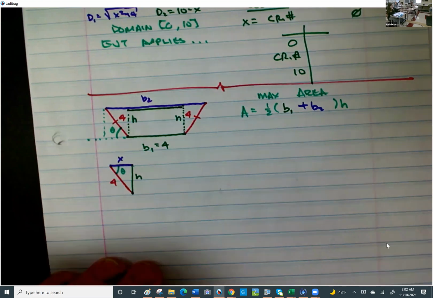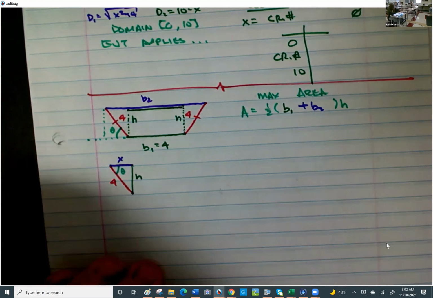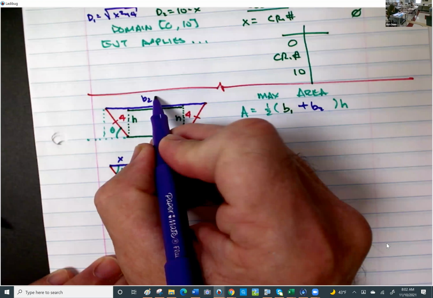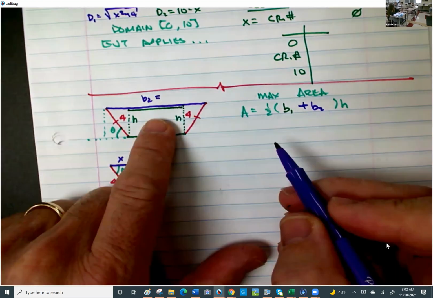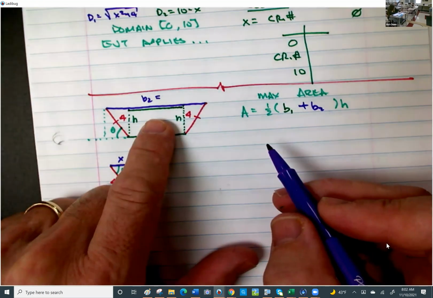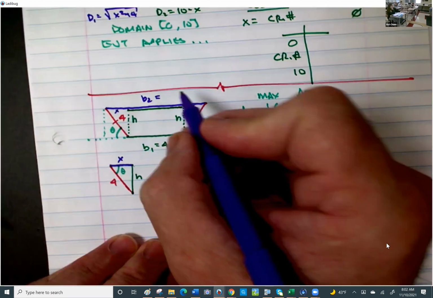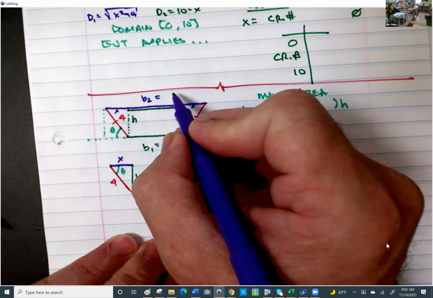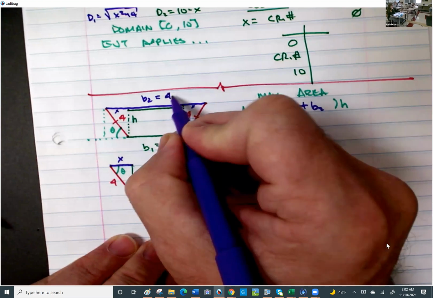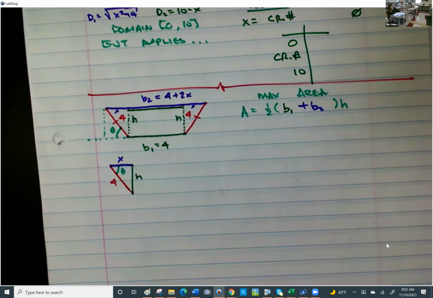Okay, so I'm going to go ahead and write an equation for B. I'll just put it up here so I can see it real easily. This was again an x, and this is an x. Won't B be equal to 4 plus the 2 x's that we have? As that gets folded up farther and farther, those x's are going to get smaller and smaller. As it goes down, those x's are going to get bigger and bigger. Okay. All right.